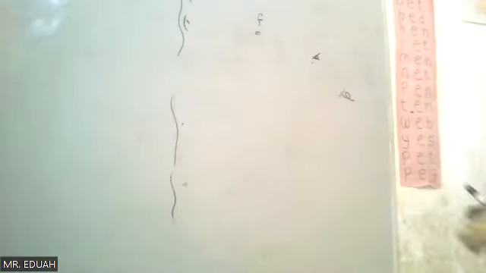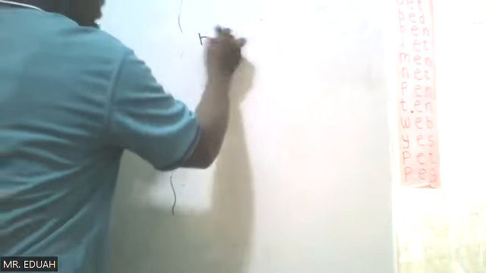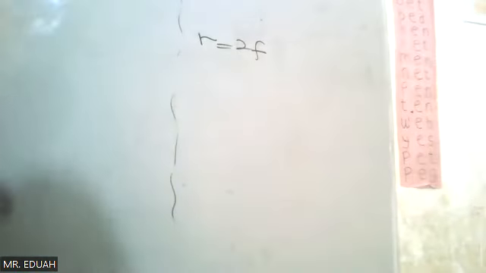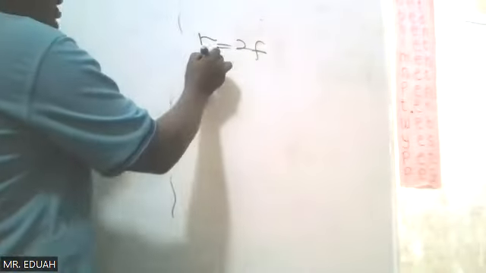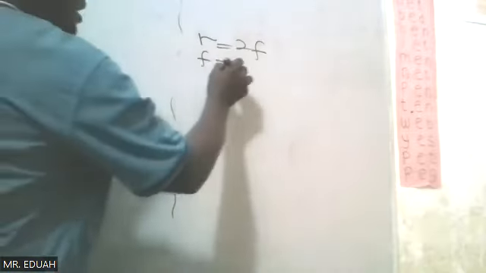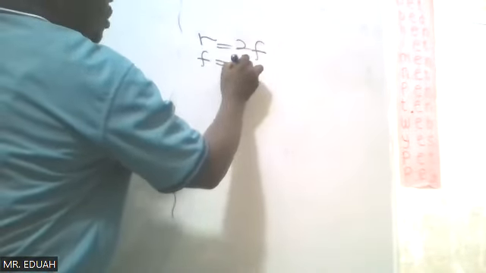Let me write on the line and write here instead. R is equal to 2F. So when we make F the subject in this relation, we have R on 2.